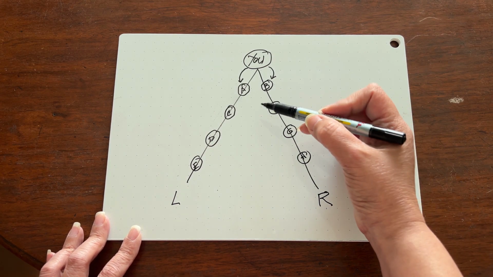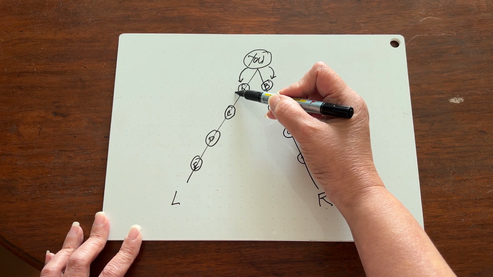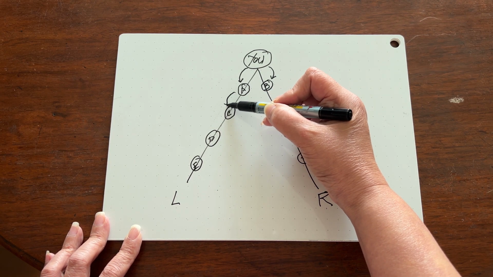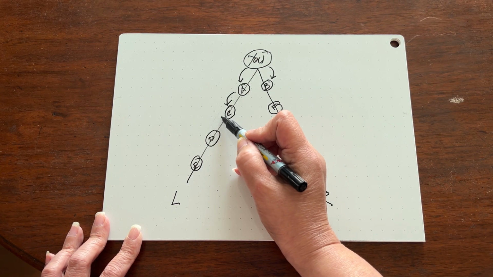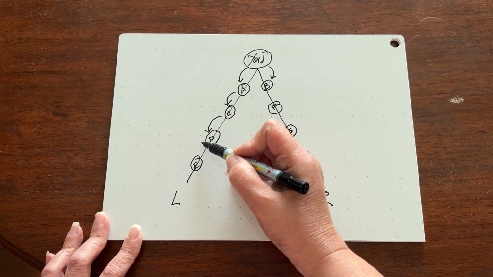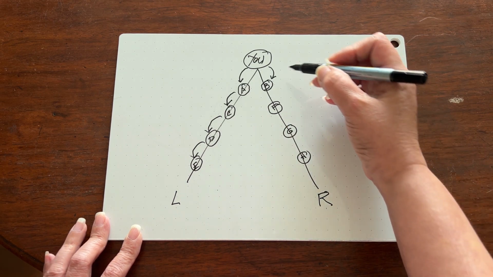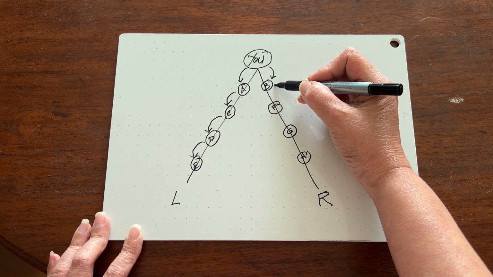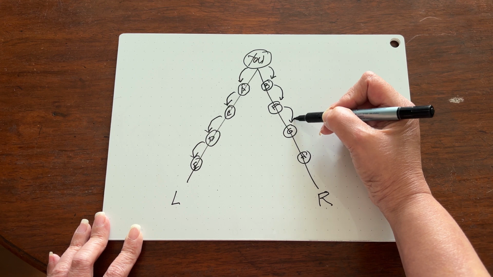Let's say for C, you will give the ID of A to C. And for person D, you will give the ID of C to D. And for person E, you give the ID of D to E. And the same here on the other side. You'll always give the ID directly above.